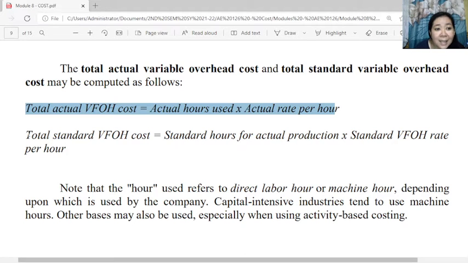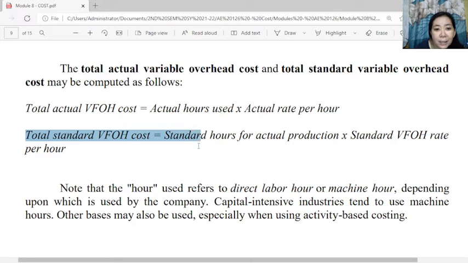For the total standard variable factory overhead cost, on the other hand, this is equal to standard hours for your actual production times the standard variable factory overhead rate per hour. So meaning to say, this is the standard hours and the standard rate. Okay, so that's how you determine it.